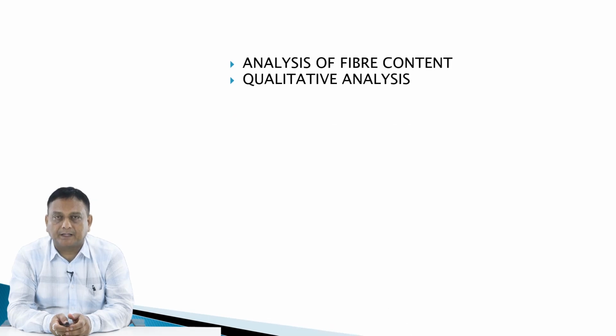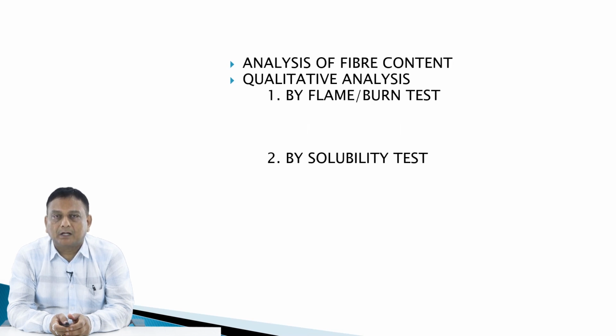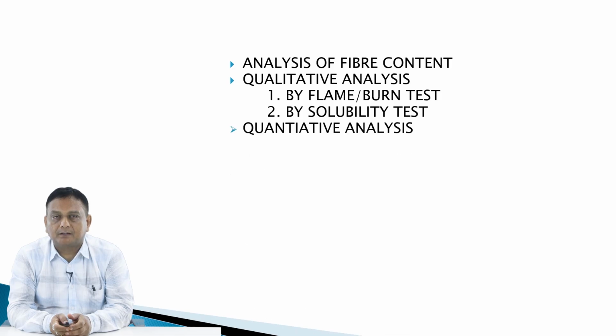Now after this, the garment technicians will see the analysis of fiber. So what fibers are there in the garment, and for that he or she has to do the qualitative analysis by doing the flame or burn test, and a solubility test is also there.